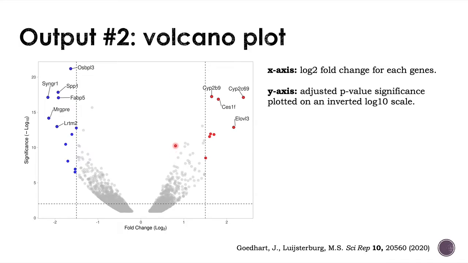The x-axis here will represent the log2 fold change, centered at 0, and here it goes from minus 2.5 up to plus 2.5. On the y-axis, you have the adjusted p-value significance. It's plotted on an inverted log10 scale so that you can visualize it better.